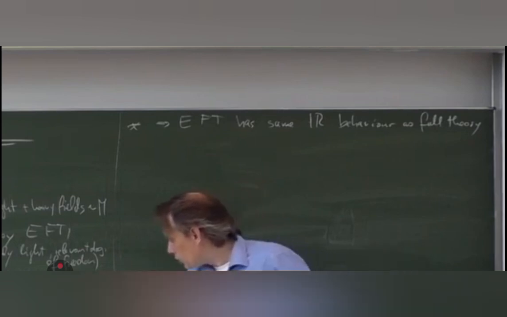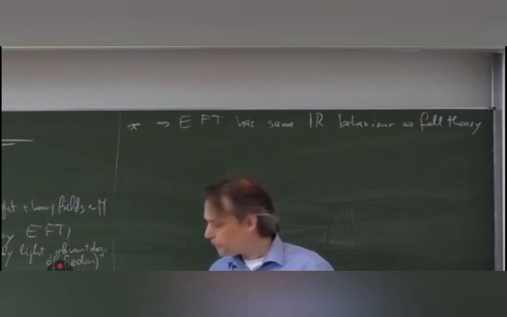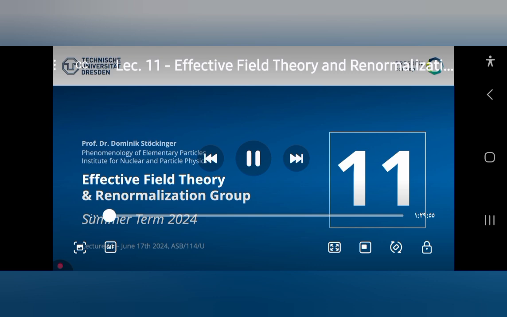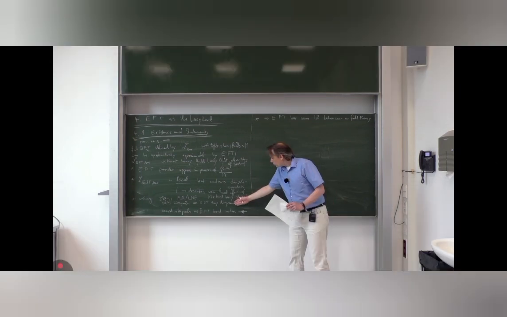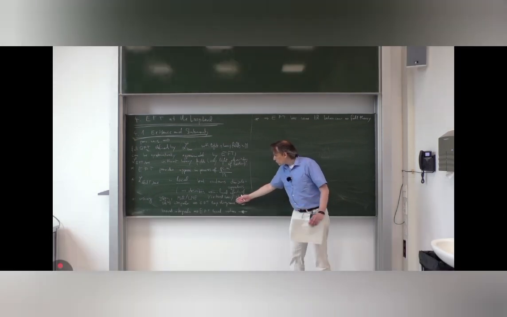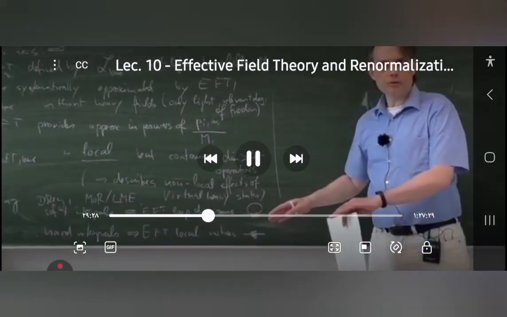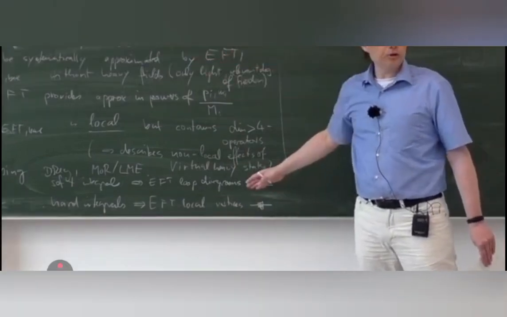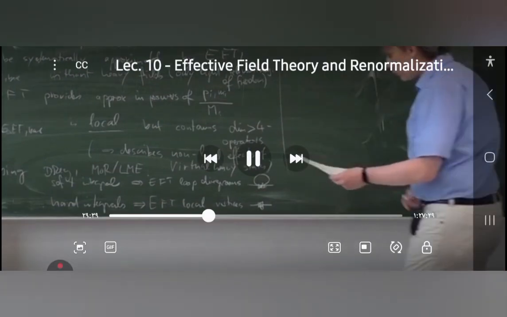In the soft integral, we assume the momentum in the loop is small. And for the small momentum region in the loop, the integrand was not changed. Therefore, the region where the loop momentum is small is identical in the full theory diagrams and the EFT diagrams. That is the meaning behind saying the infrared behavior is the same.